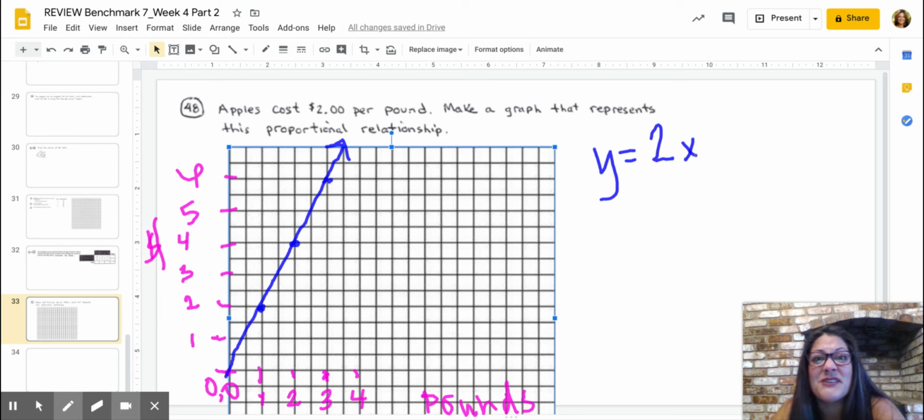And that brings us to the end of benchmark 7 review. Oh, we did it. I hope you were able to understand and pause and really understand these concepts. It will be very similar to these same problems that will be on the benchmark test next week. Of course, it's not a traditional assessment that will affect your grade.